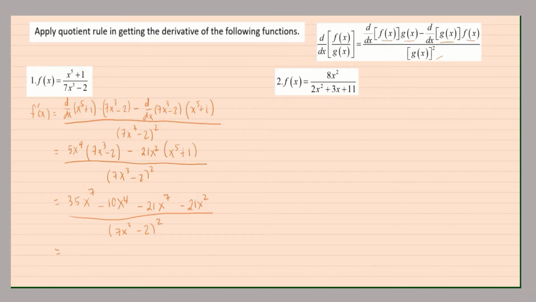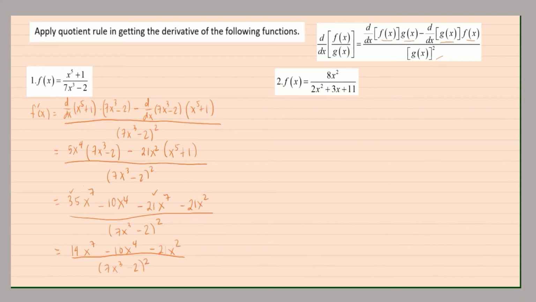And then we combine similar terms. We combine 35x raised to 7 and negative 21x raised to 7. That gives us 14x raised to 7, and then we just copy negative 10x raised to 4 and negative 21x squared. And then we just copy the denominator, 7x cubed minus 2 quantity raised to 2.